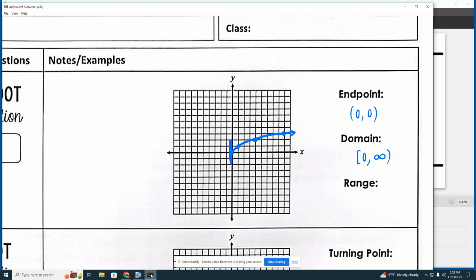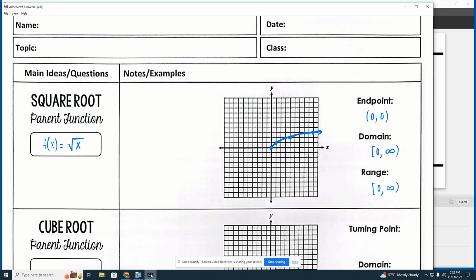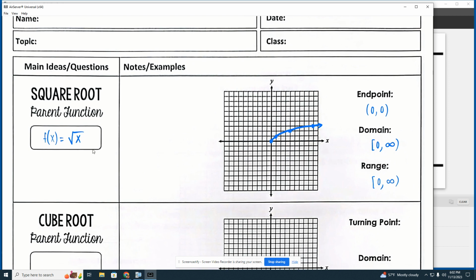How about the range? Does the range ever go below 0? Of course not. So my range never goes below 0. That's the minimum. But it goes up and to the right forever. So the domain and range are both 0 to infinity. Again, I used a bracket on the 0 because that's truly where it started. So that's what a square root function looks like.